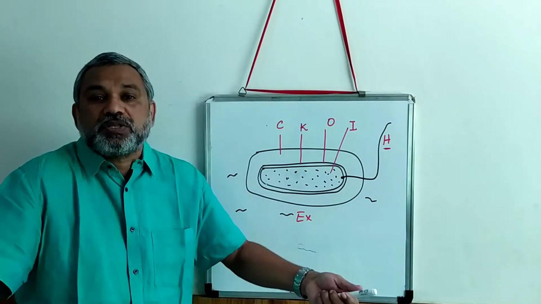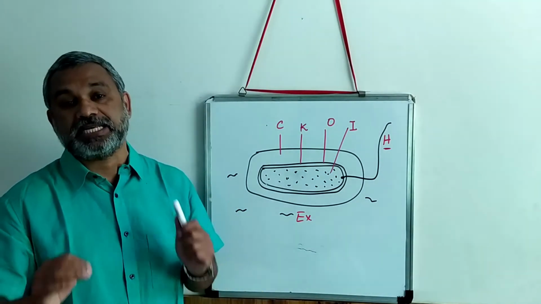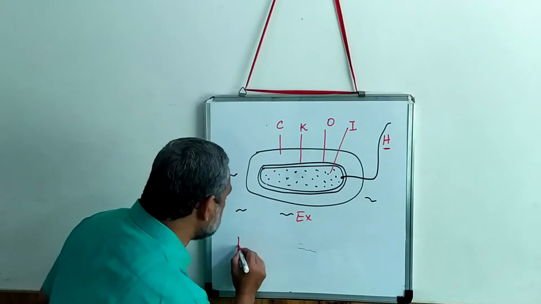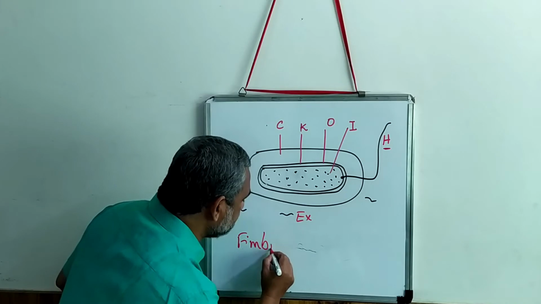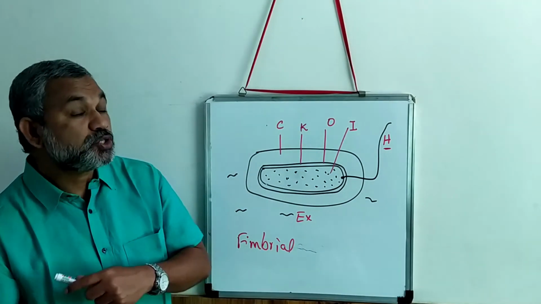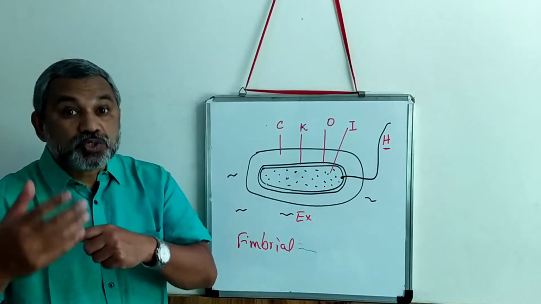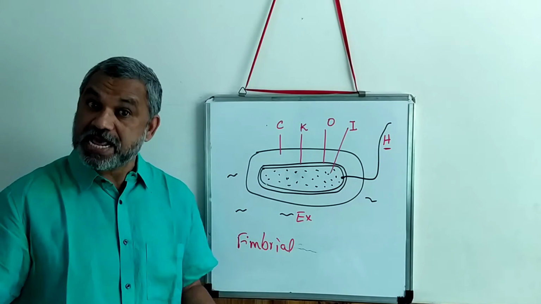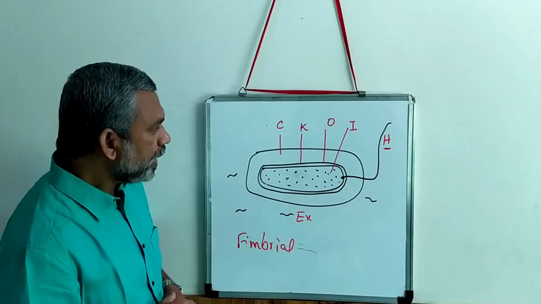It is released into the surrounding and can act as an antigen. Another kind of antigen which is not shown here is the fimbrial antigen, which is similar to the H antigen and can also be very potent. Certain microorganisms will release the fimbrial antigen.